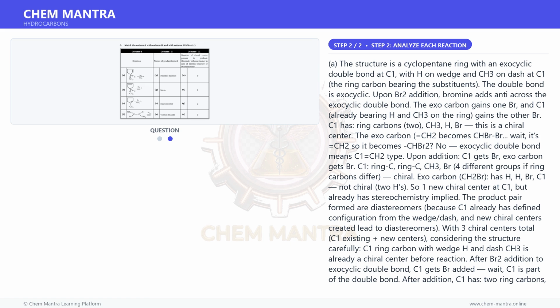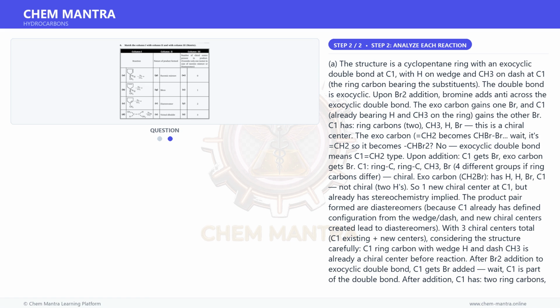Wait, trans-2-butene plus Br2 anti gives meso-2,3-dibromobutane. A meso compound has 2 chiral centers but is achiral overall. Answer: meso, Q, vicinal dihalides, S, 2 chiral centers, Y. This matches.